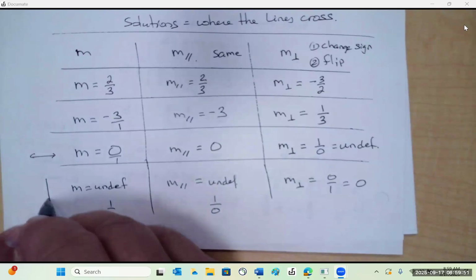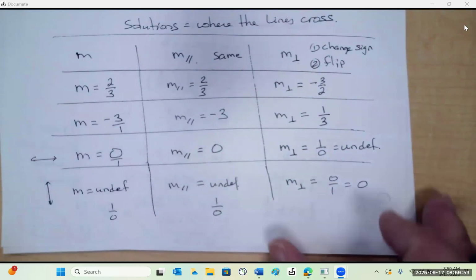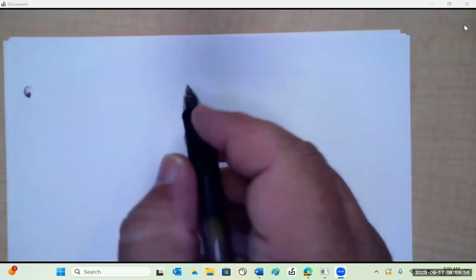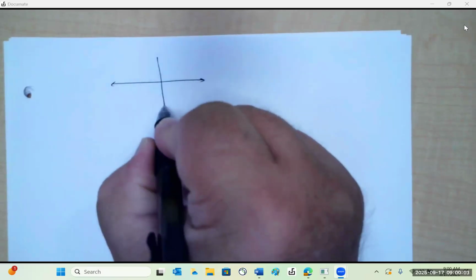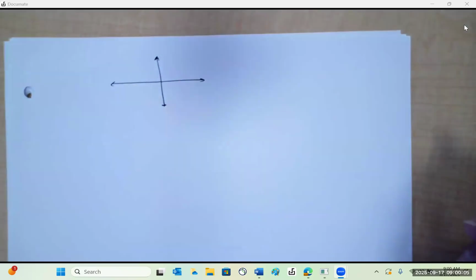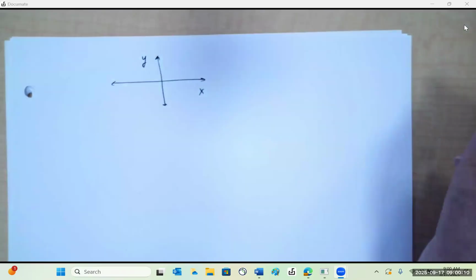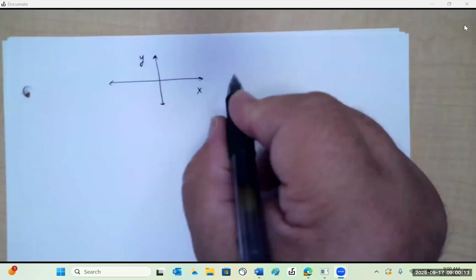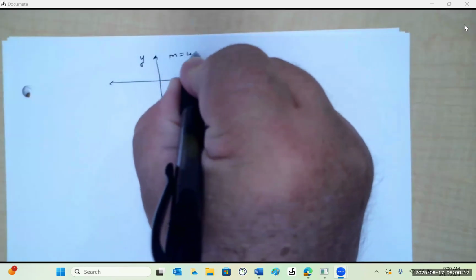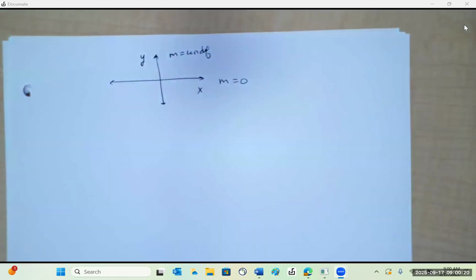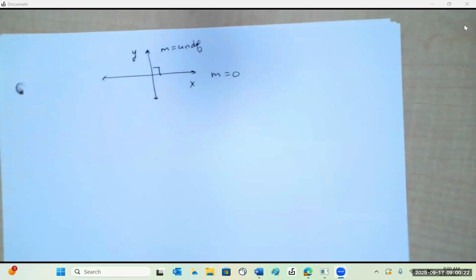Very good. If we put those two together, a horizontal line and a vertical line through it, what does that look like? The x and y graph. The slope of the x-axis is 0. The slope of the y-axis is undefined. They're perpendicular to each other because they form a 90-degree angle.